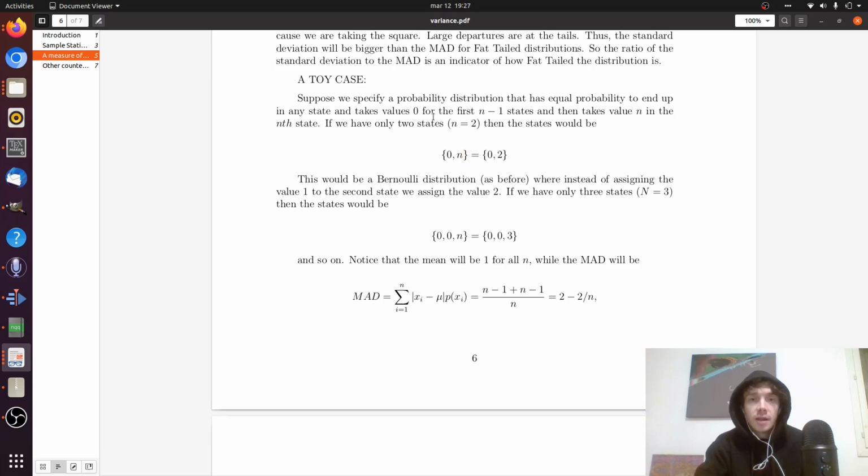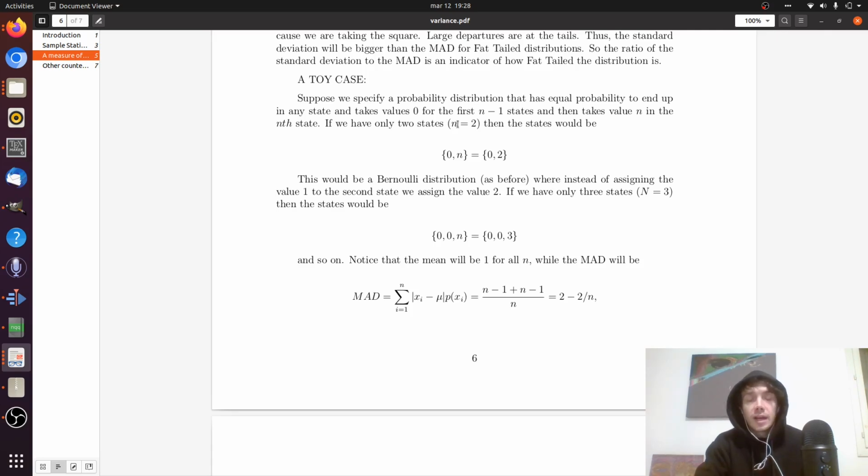For the first n-1 states, we're going to assign the outcome 0. And then in the last state, the value of the outcome is going to be n. Here we're using states as a synonym for outcomes. Just keep that in mind.